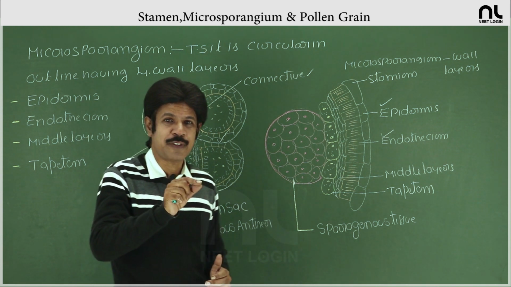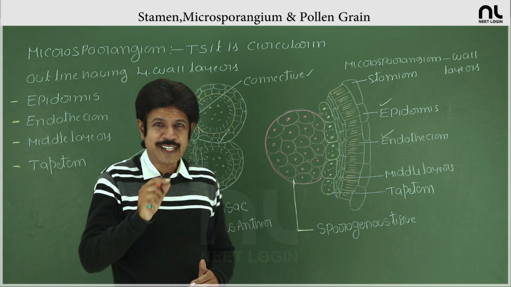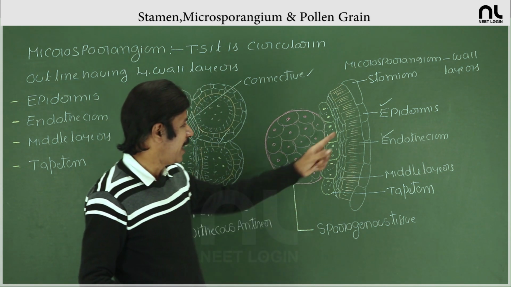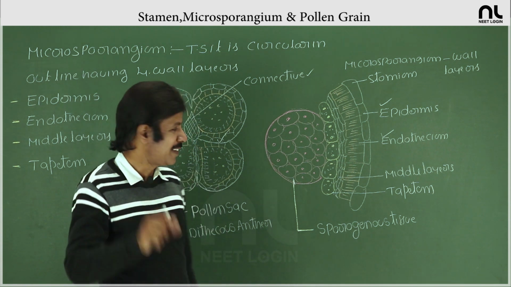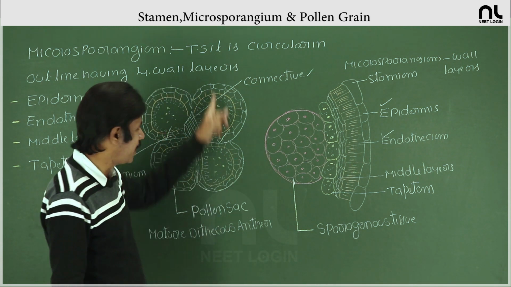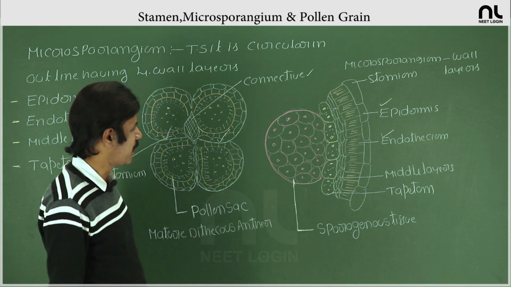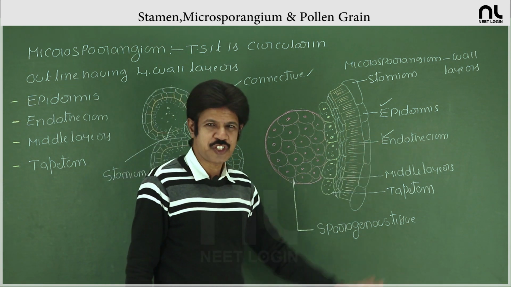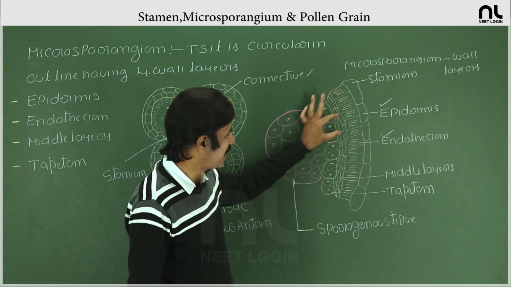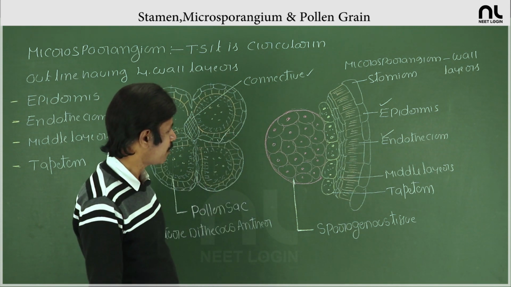So the endothecium helps in the dehiscence of the anther. Dehiscence occurs at the stomium that lies between the 2 pollen sacs of 1 theca. So the hygroscopic part of the anther is the endothecium, radially elongated cells with cellulosic thickenings.